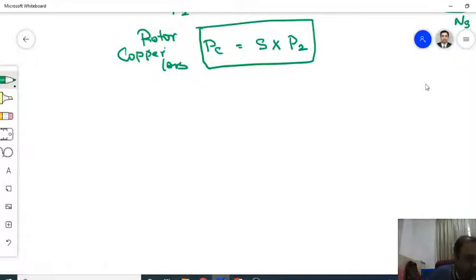Therefore the gross mechanical power Pm equal to P2 minus Pc.